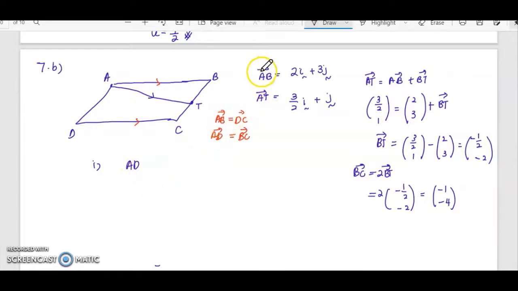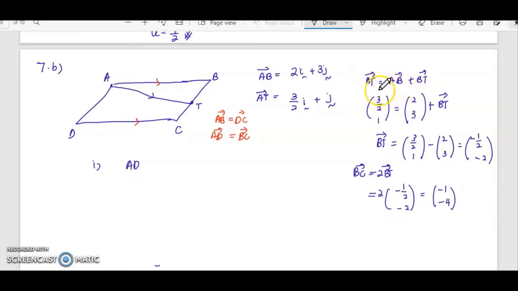So, given that the vector AB is 2i plus 3j and the vector AT is 3 over 2 i plus j. From this part, we can find the vector BC by finding the vector BT first. Why? Because they gave AT.